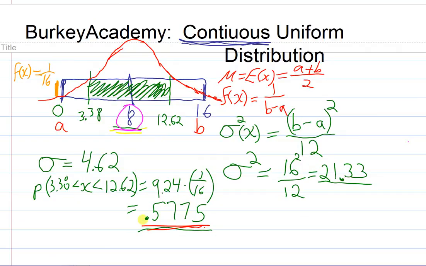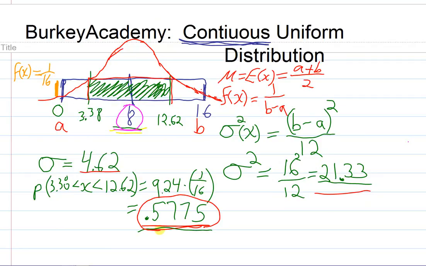And it turns out that for any uniform distribution, if you calculate the variance and the standard deviation, and look at the range within plus or minus one standard deviation, there will always be 57.75% of the data between those two numbers. That's just one of those constant things about the uniform distribution.